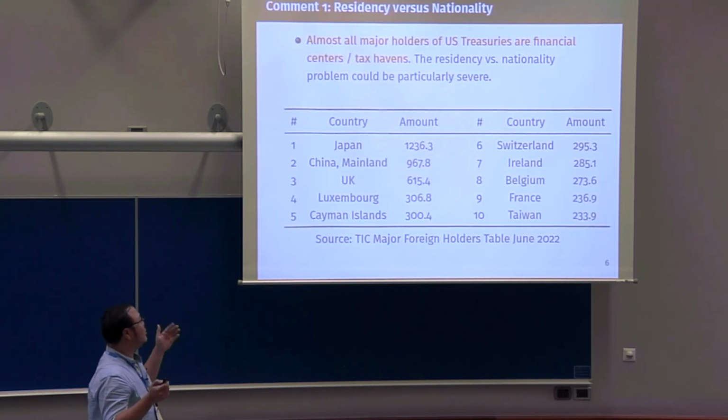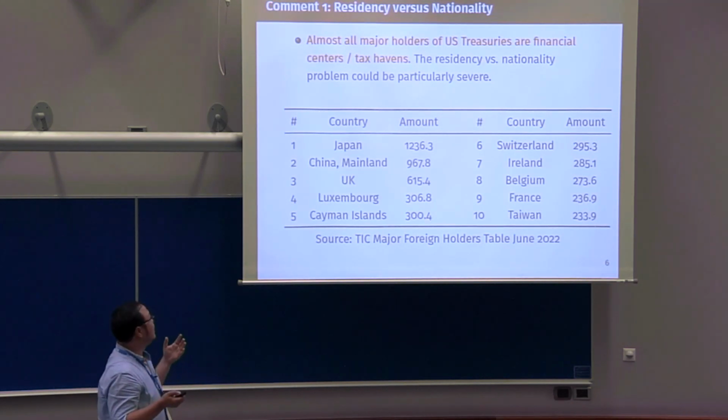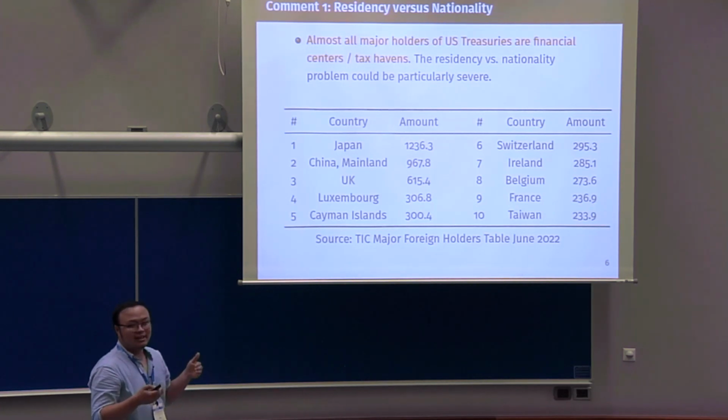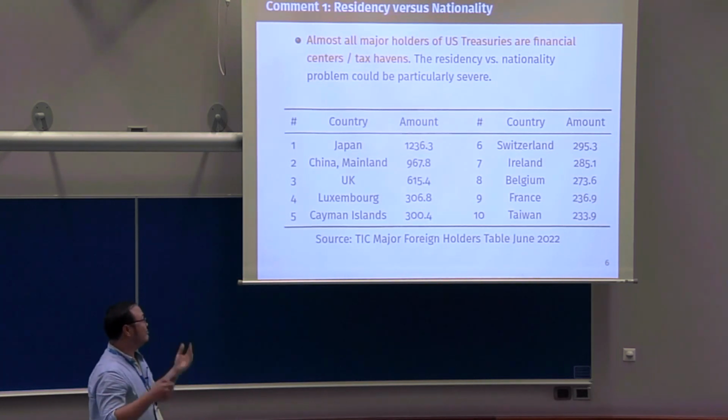Most if not all of them are financial centers or tax havens. So UK is about 615, and actually if you go to the TIC FAQ, they would say discount about half of that. So there would be transactional bias, the fact that a lot of transactions are done in the UK, and also a lot of custodians are located in the UK, but the ultimate owner of these assets is somewhere else. So they actually give the UK as an example and say discard about half of that.